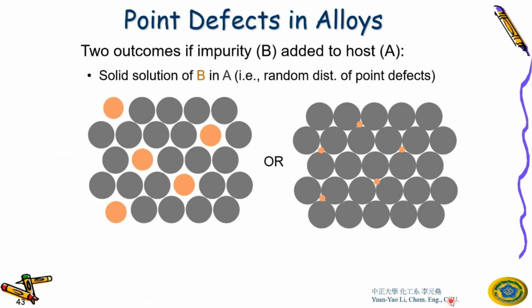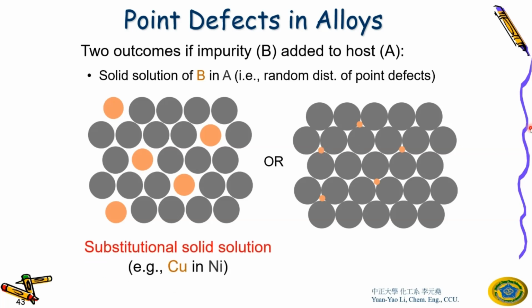Right, so I just want to give you a quick summary. This is called substitutional solid solution. This is called interstitial solid solution, right? An example of substitutional solid solution is copper in nickel or nickel in copper. An example of interstitial solid solution is carbon in iron metals.